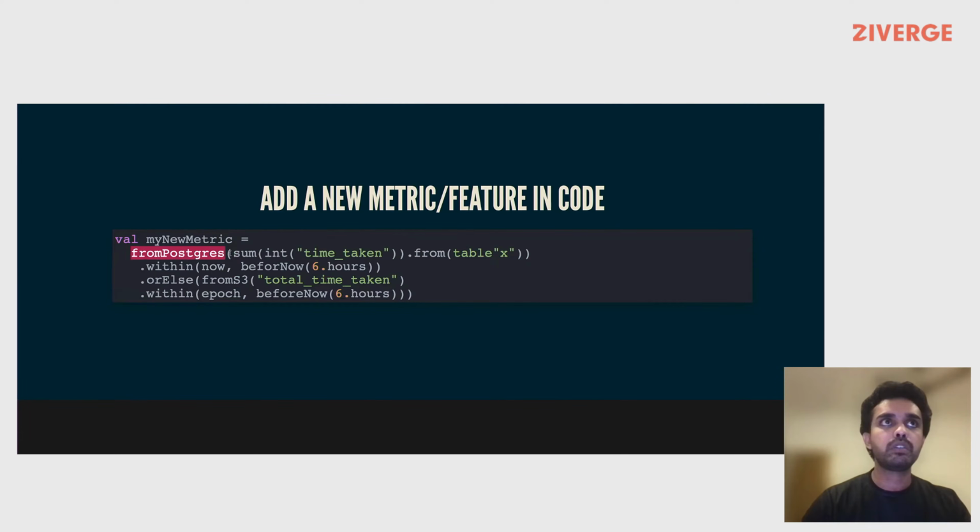My customer attribute is this kind of an expression, some kind of a constrained query language within now and last 6 hours. So for the last 6 hours, this is going to be in Postgres. If the user is asking for a metric in the last 6 hours, that's going to hit Postgres, or else it's going to hit S3 from the beginning of time until 6 hours ago.